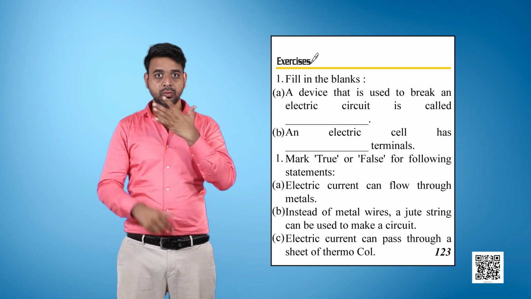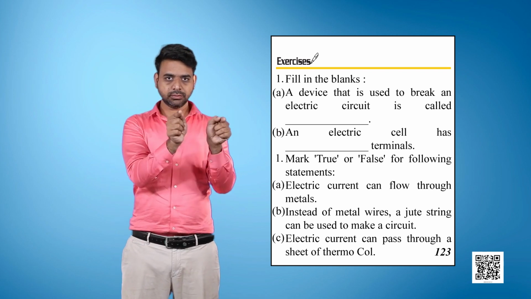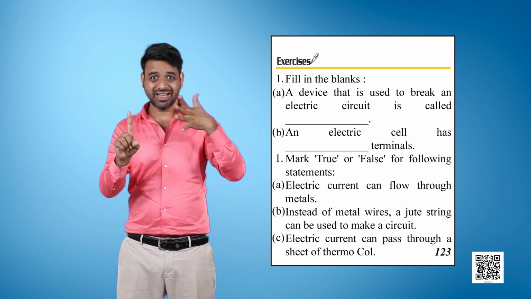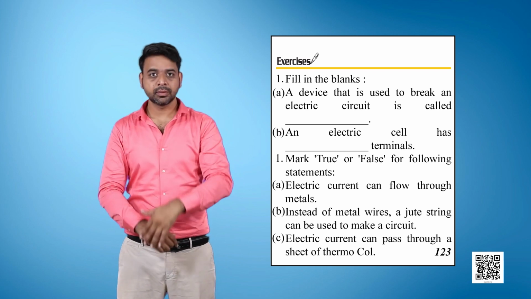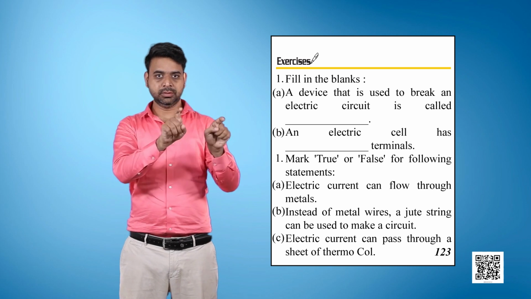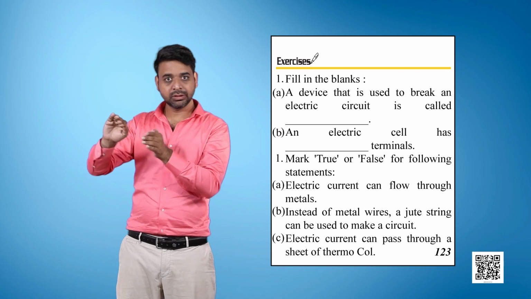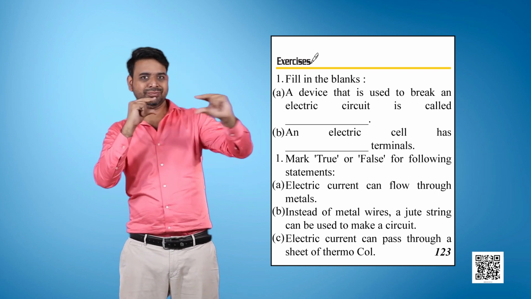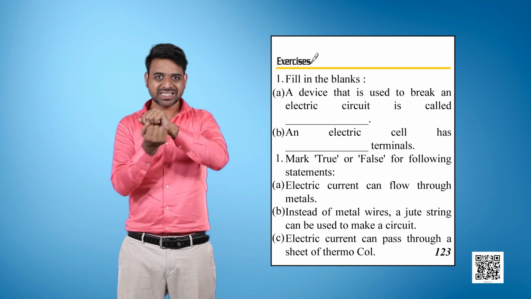State whether the sentences are true or false. A. Electric current can flow through metals. B. Instead of metal wires, a jute string can be used to make a circuit. C. Electric current can pass through a sheet of thermocol.